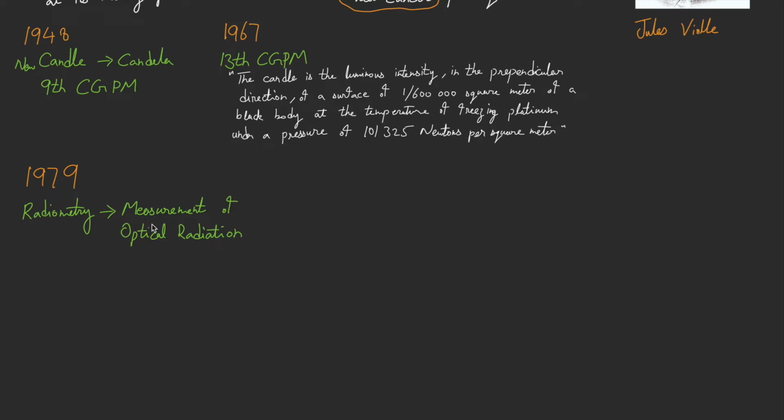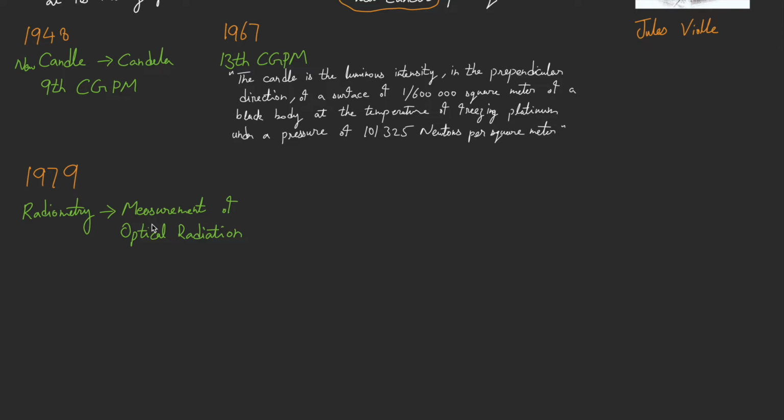Because of the difficulties of the Planck radiator, the black body effect at high temperature. Why at high temperature? Because as we know, black body is in the quantum realm. So in quantum realm there are always some kinds of uncertainties. When we are defining a unit, we are trying to basically end every uncertainty possible.